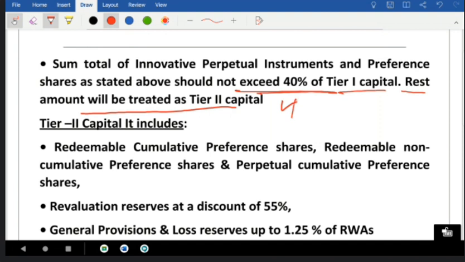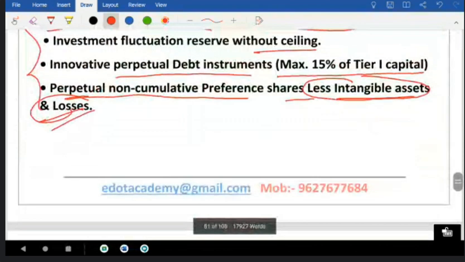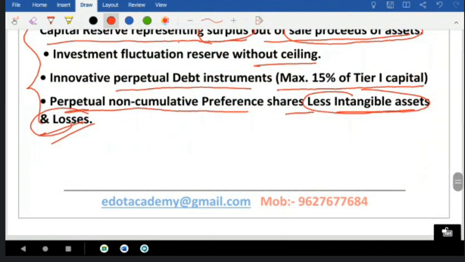So 40% will be in tier 1 and 60% will be in tier 2. Keep this in mind, this question can be asked in the examination. Innovative perpetual debt instrument is maximum 15% in tier 1 capital. So you can remember this very well.